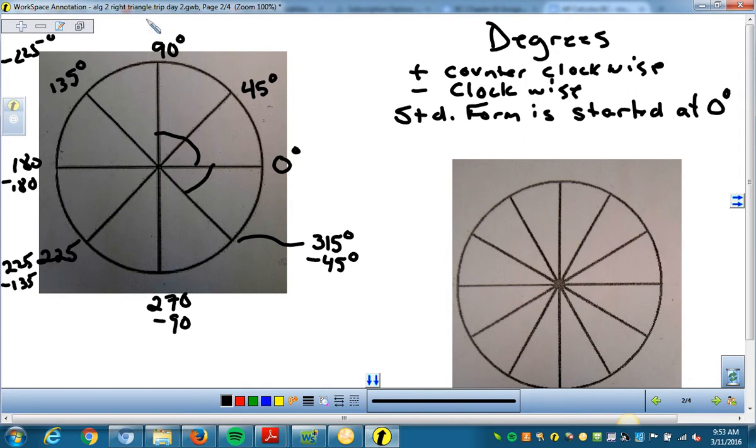Okay, so then this one would be what? Negative 270. And this one, negative 315. And then negative 360. So this is 0 and 360. It is also 0 and negative 360. Okay?